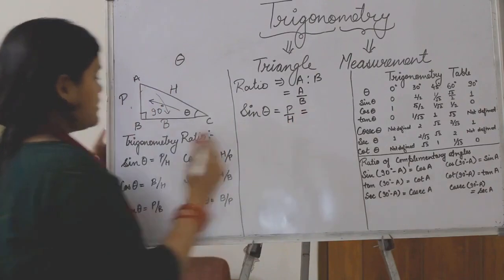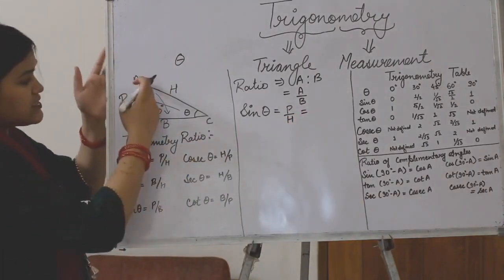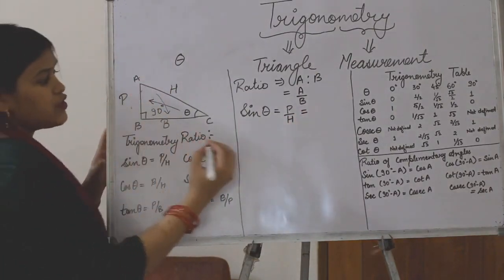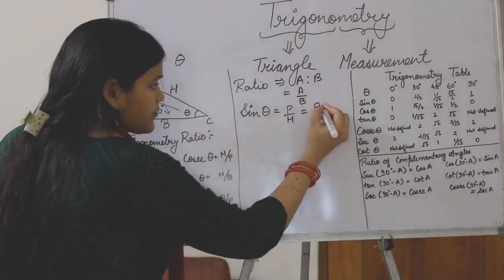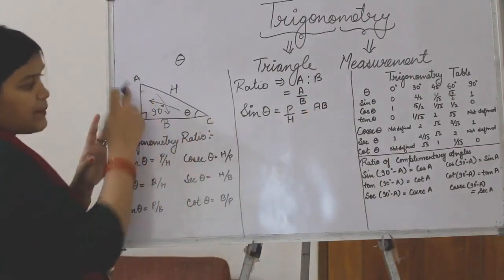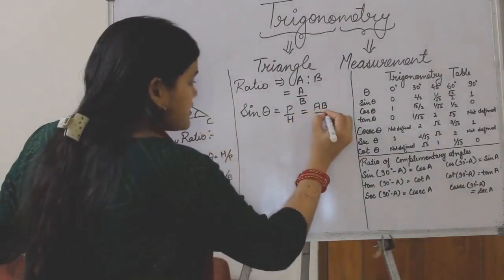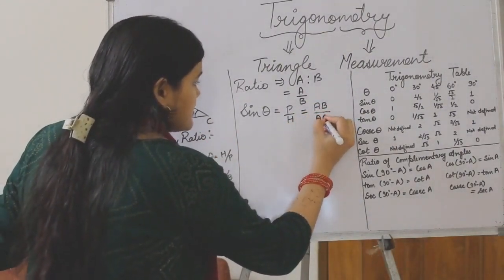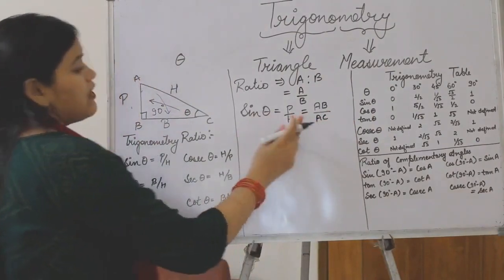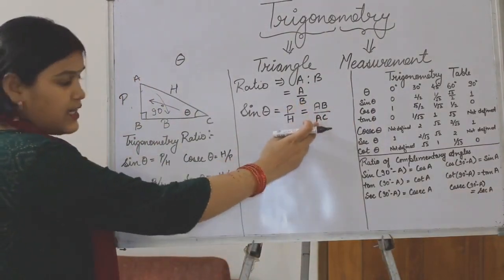Or we can write it, which side is perpendicular? The side AB is perpendicular, so we can write AB. And which side is hypotenuse? This side, AC, is hypotenuse, so we can write AC. For sine theta, the value is equal to AB upon AC.